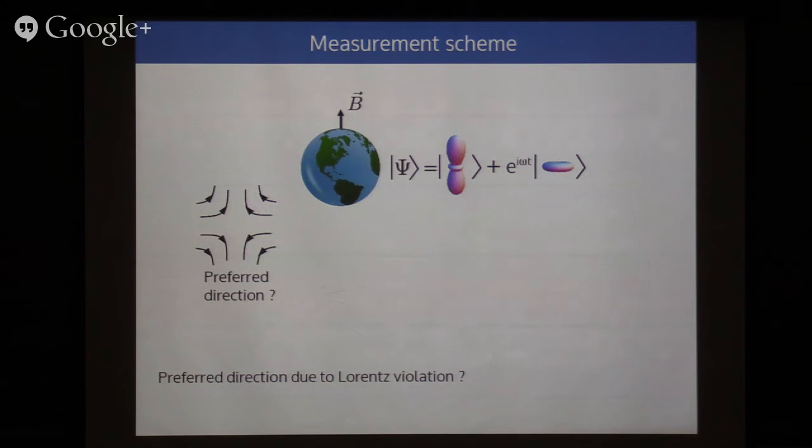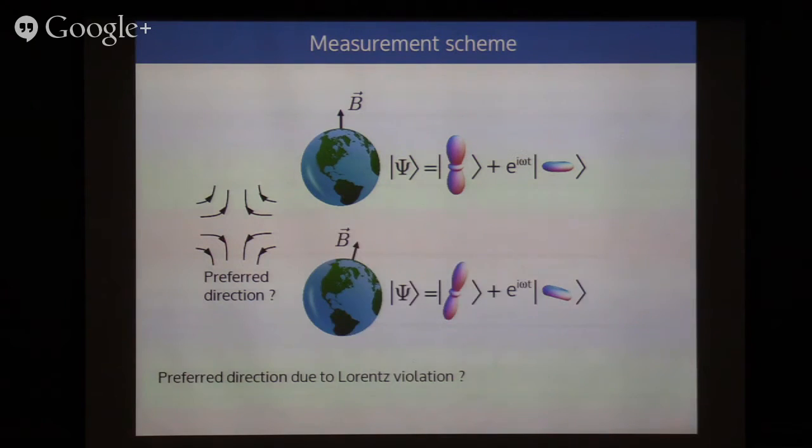So the idea of the experiment is pretty simple. I generate a superposition of electrons having high momentum in this direction versus here, in the orthogonal directions, and then I assume maybe there's a preferred frame of reference. Maybe there's not, but maybe there is.